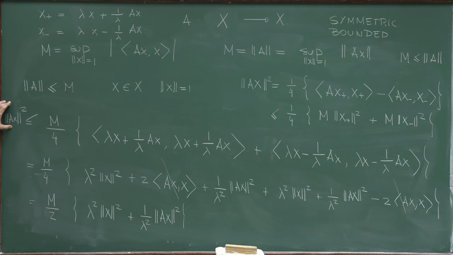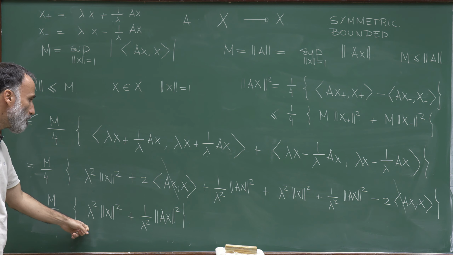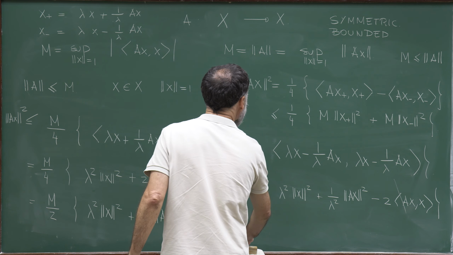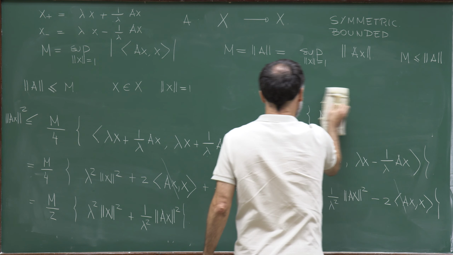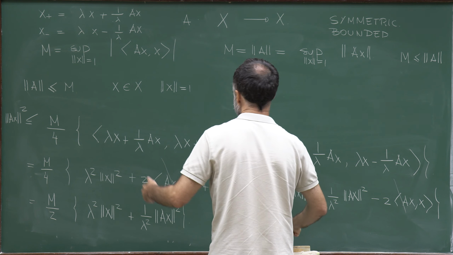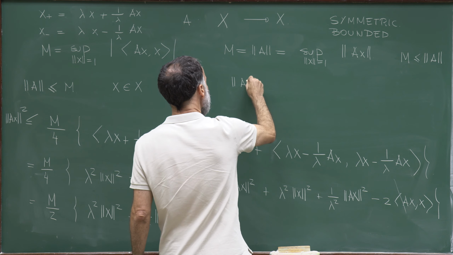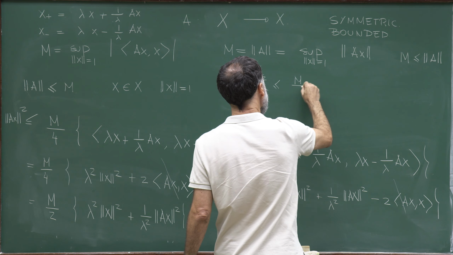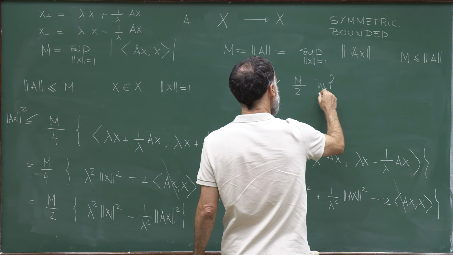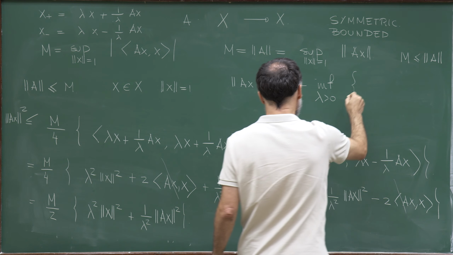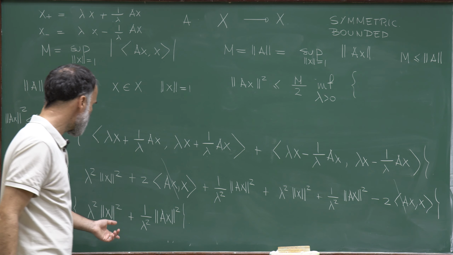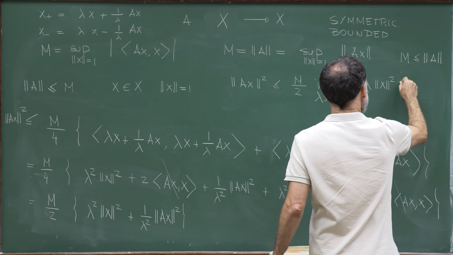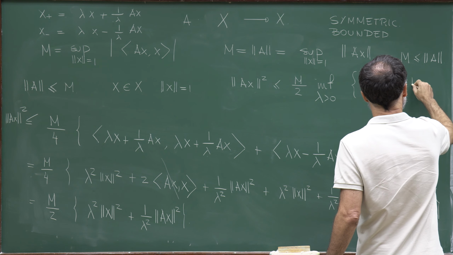The left-hand side doesn't depend on lambda. The right-hand side depends on lambda. So I can optimize over lambda. What I get from this inequality by optimizing over lambda is that ax square is less or equal than m divided by 2 times the infimum over all positive lambda, and here if I take lambda square or lambda, it's the same thing, of lambda x square plus 1 over lambda ax square.